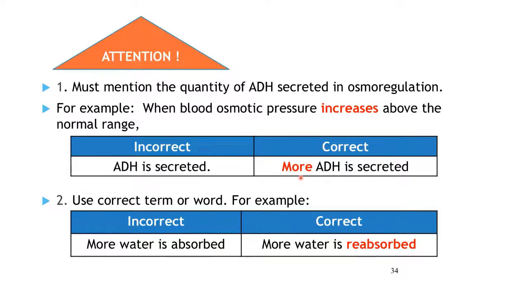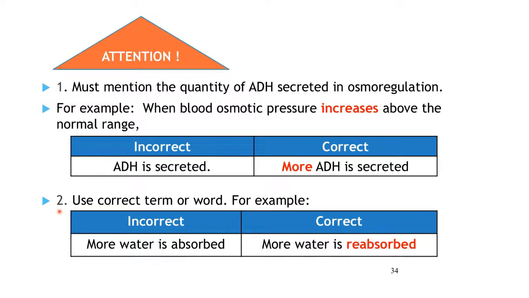This is because ADH is secreted when blood osmotic pressure increases and also when blood osmotic pressure decreases. The difference will be the quantity of ADH secreted. Either is more or less.